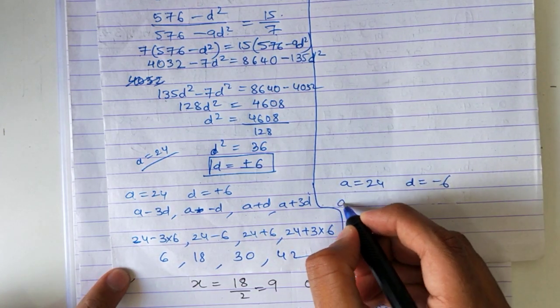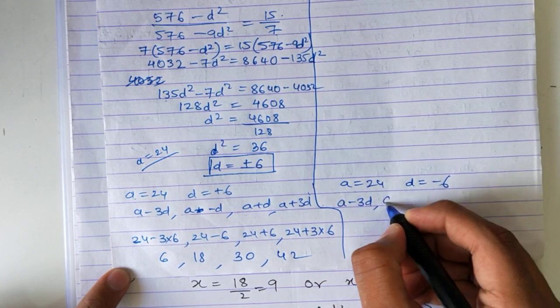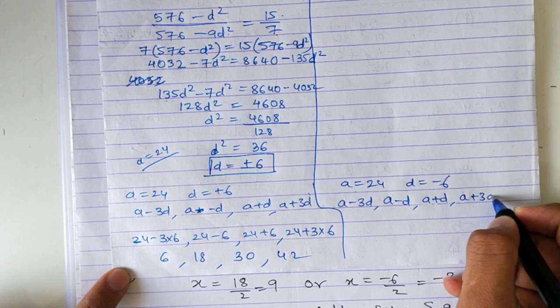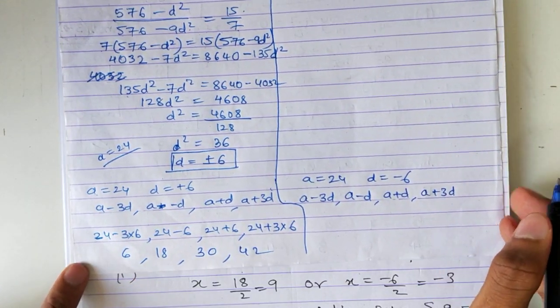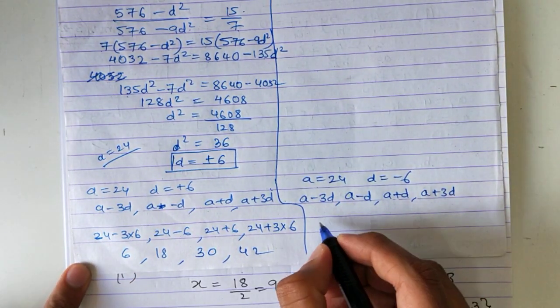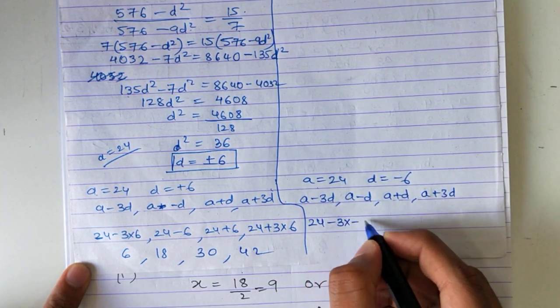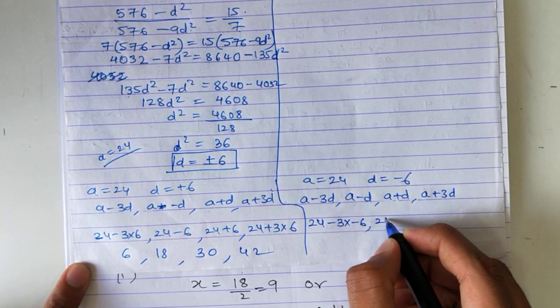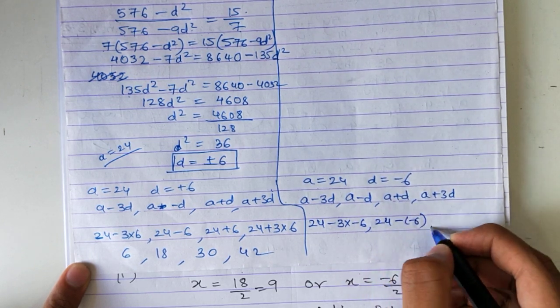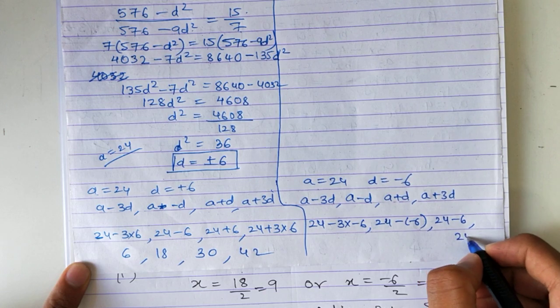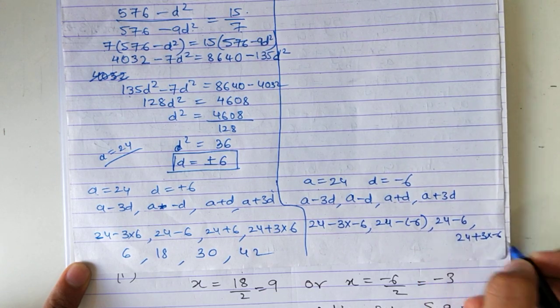Because the four numbers are a minus 3d, a minus d, a plus d, and a plus 3d. So here a is again 24, but d is minus 6. So minus 3 into minus 6, 24 minus minus 6, 24 minus 6, and 24 plus 3 into minus 6.